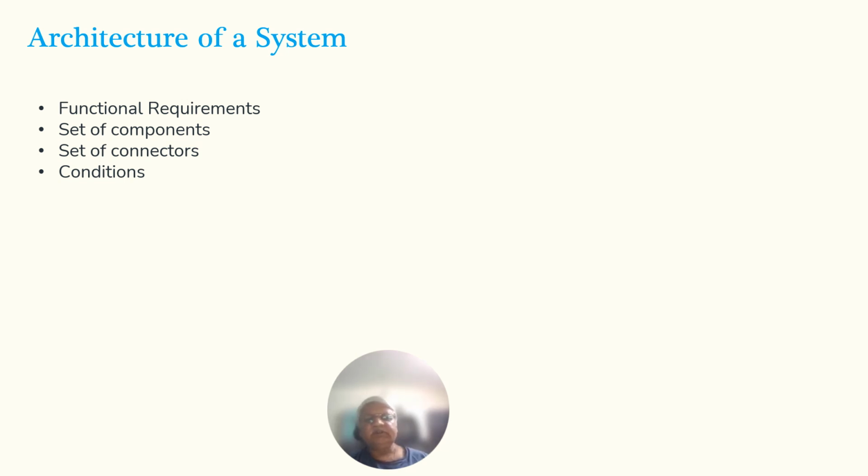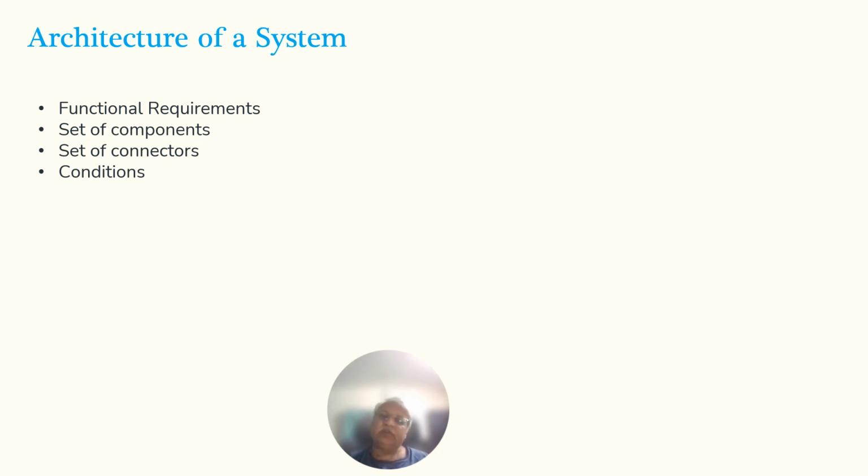Architecture of a system depends primarily on these items. One is functional requirements, that means what features need to be achieved, and the set of components which are available at that point of time based on the conditions or constraint set to realize the functionality.